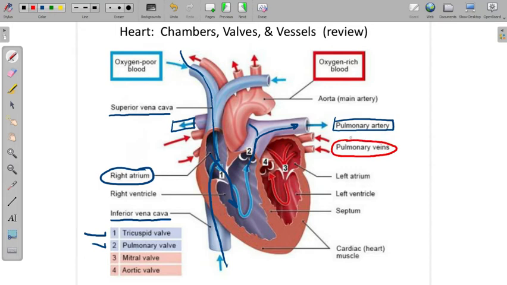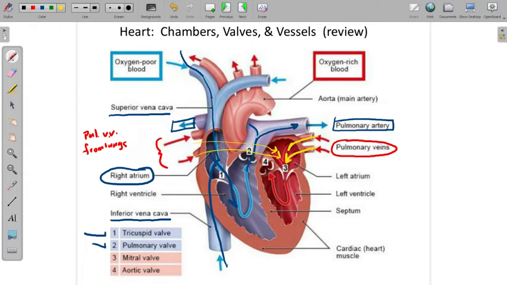Veins are returning blood to the heart. Arteries are taking blood away from the heart. So these are pulmonary veins, and they are returning from the lungs. And that blood then goes into the left atrium. And it's coming in from the other side also.